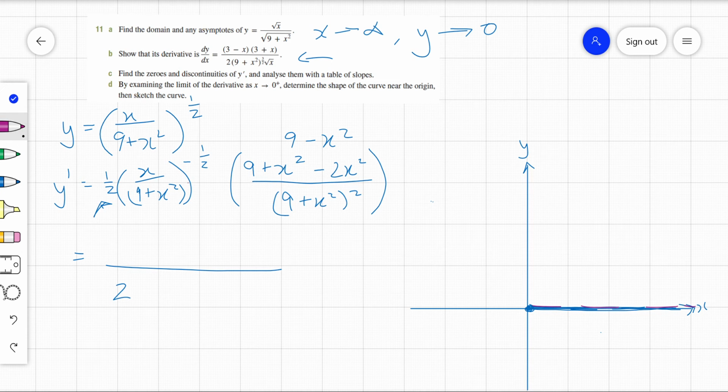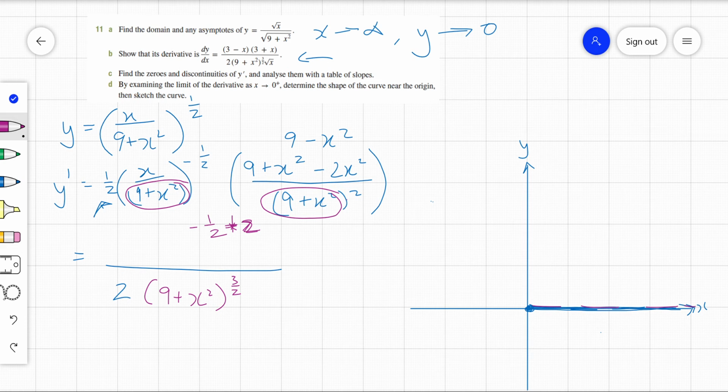Can you see that? So this one is to the power of negative a half, and this one is to the power of 2. So remember we add the indices. So 2 minus a half is 1.5, so 3 on 2. So that's where we get 9 plus x squared, because remember we're just timesing these, so that's to the 3 on 2.